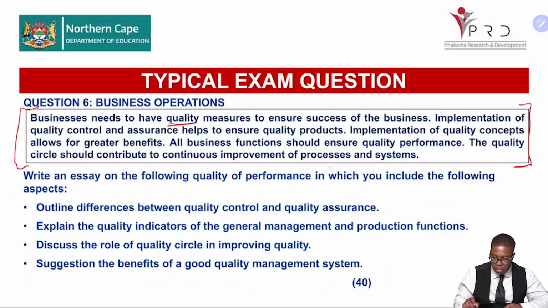Implementation of quality control and assurance helps the business to ensure quality products. Now we have an idea. Implementation of quality concepts allows for greater benefits. And all business functions should ensure quality of performance, and the quality cycles should contribute to continuous improvement of processes and systems. Therefore, let's check the instruction. Where is your focus?